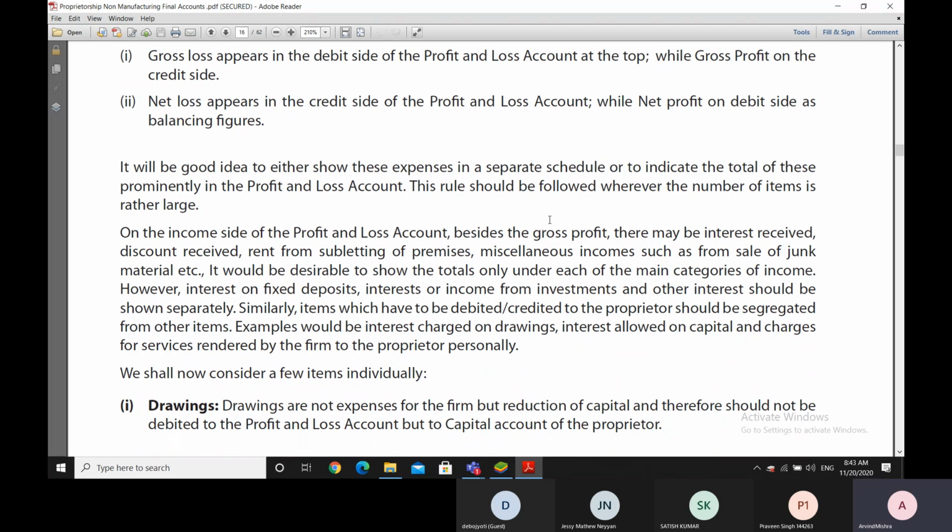So therefore, what we can do is that we categorize the expenses, and after categorizing the expenses, we can make a small profit and loss account with the amounts total in the categories.